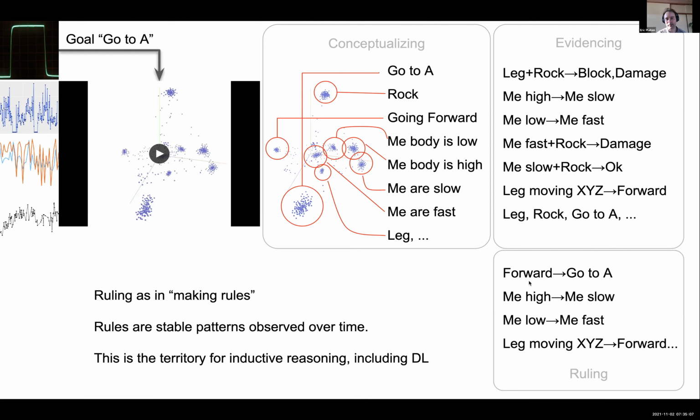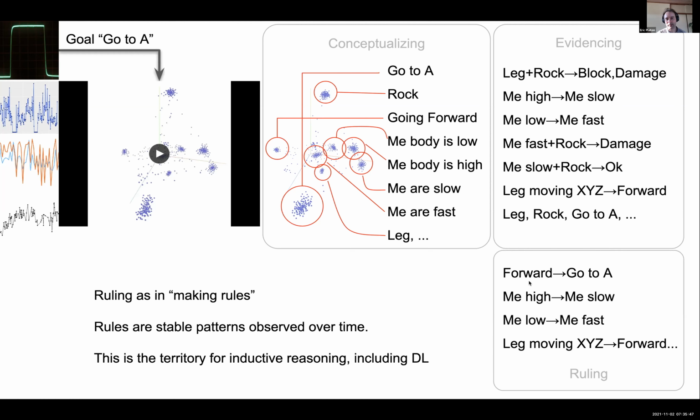And so this ruling part, maybe it sounds a bit mysterious in my explanation, but the parallel is clearly with deep learning. This is what deep learning does. You can see evidencing as labels, a data set with labels. You say this image is a cat, and this image is not a cat, and this image is a cat again. These are a soup of a bit structured data. And what deep learning does, supervised learning, is to get this association between an image and a cat, an image and not a cat, and to come up with what is called an inductive rule.